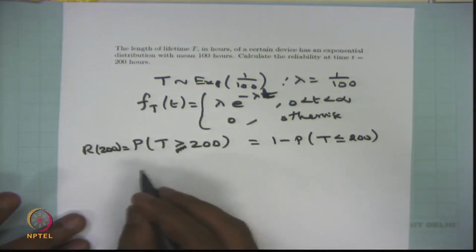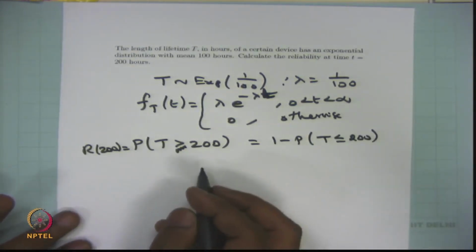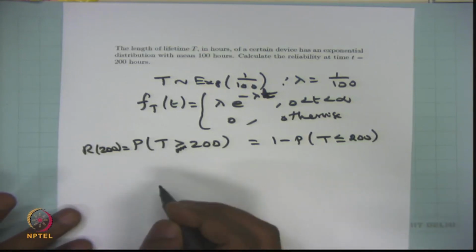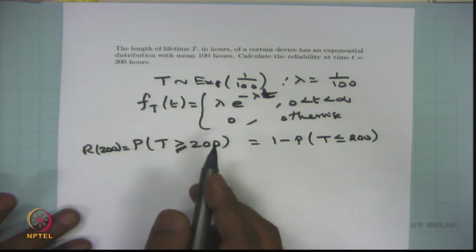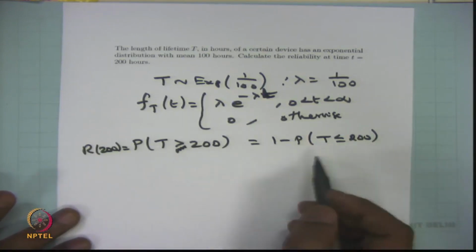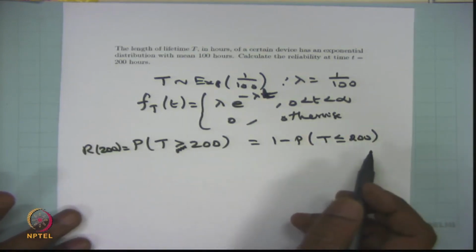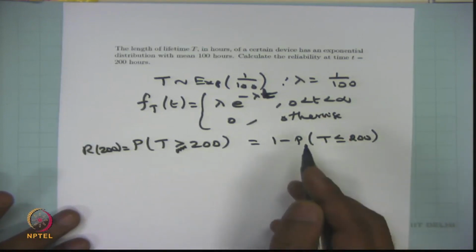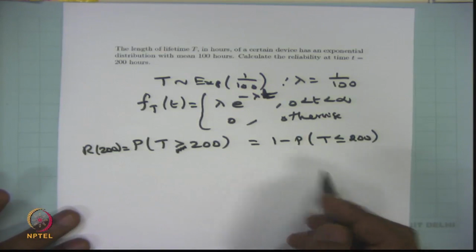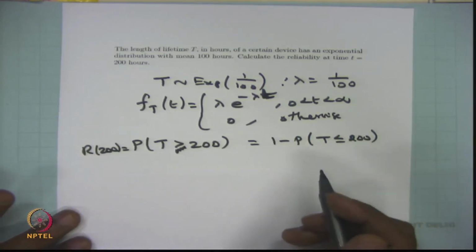Either you find the probability of greater than 200, that means you integrate the probability density function over the interval 200 to infinity, or you find the probability of T less than or equal to 200 by integrating the probability density function from 0 to 200, then substitute here; both are one and the same.